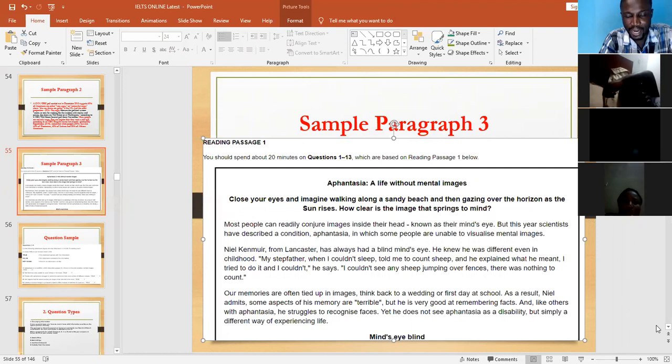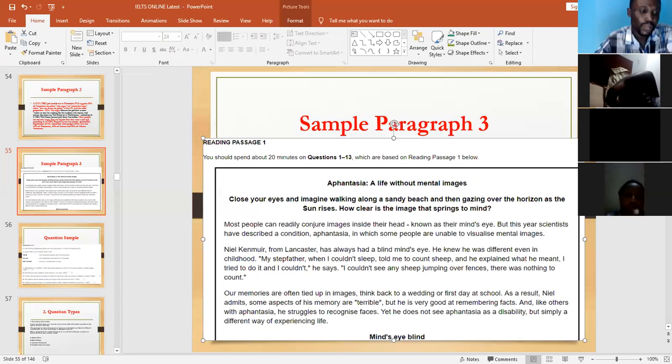So the whole idea of the passage is about mental imagery. Some people have mental images, some people do not. That's the main idea of the paragraph and those are the key things discussed. So whenever you read a particular paragraph, you need to look out for the main idea.